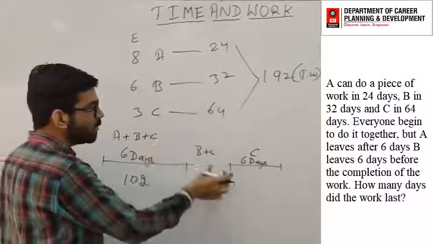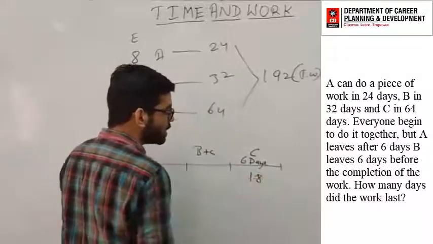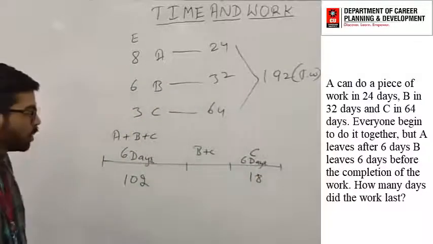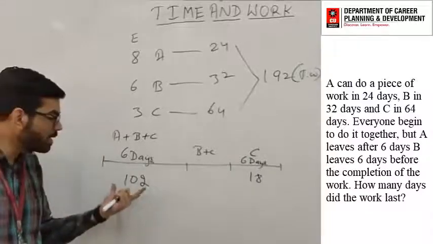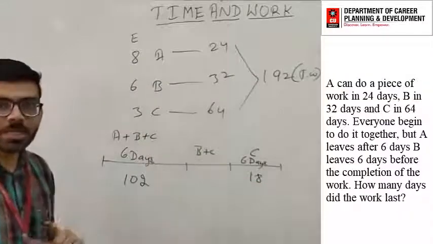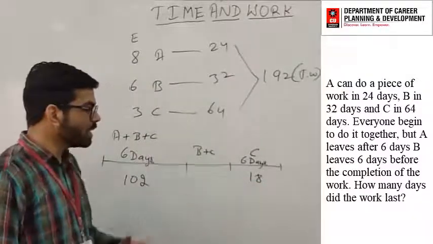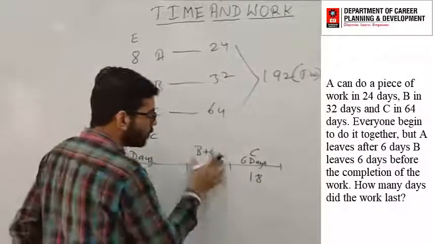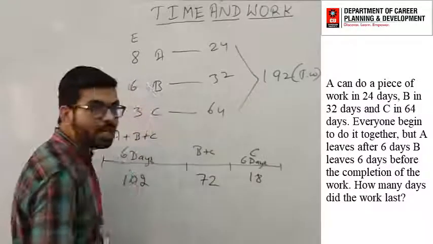So 18 units of work is completed by C in the last 6 days. So total work completed is 102 plus 18, and the work left for B plus C is 72.